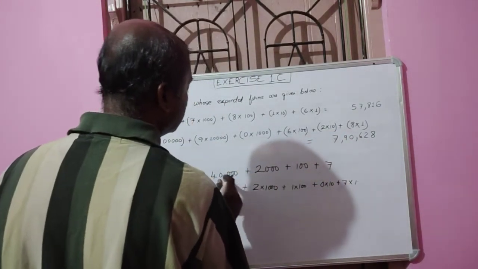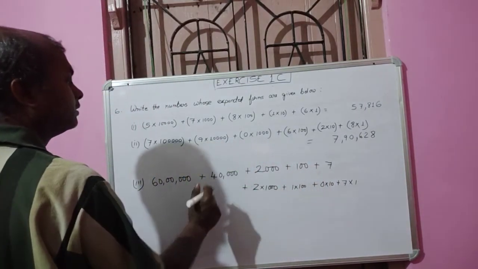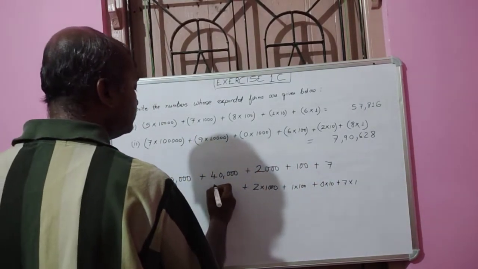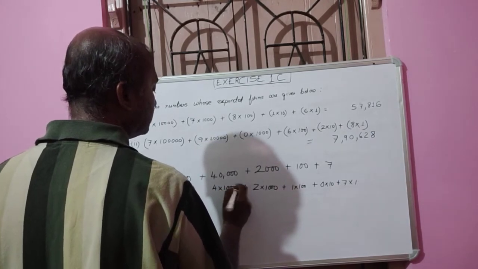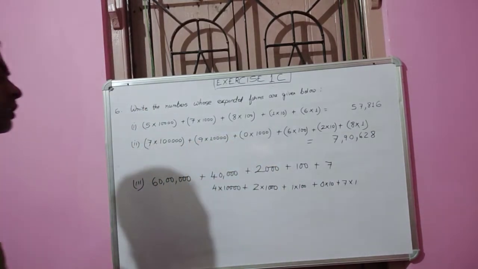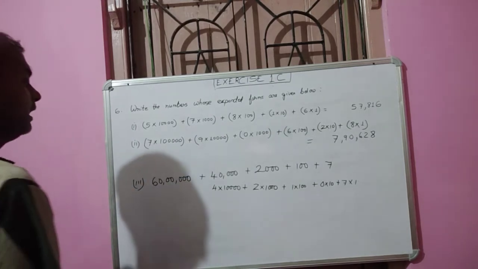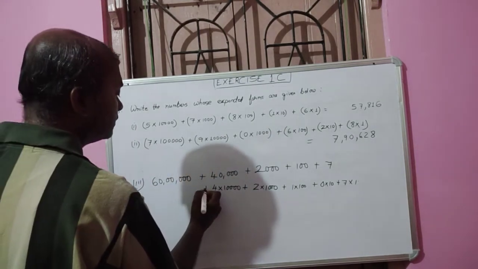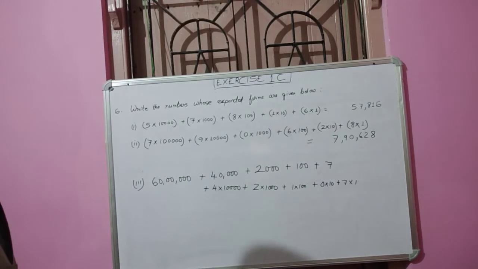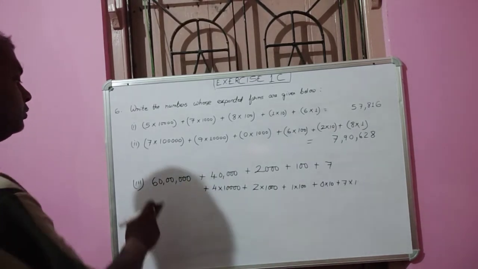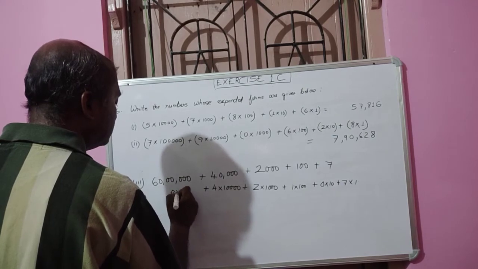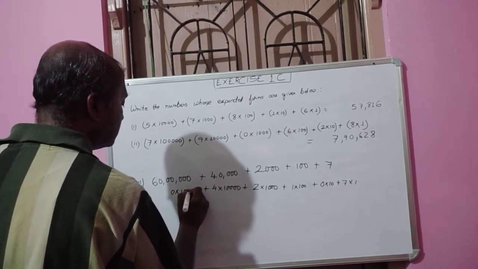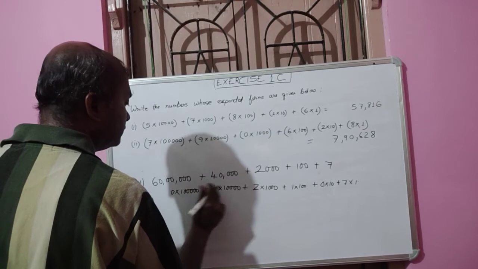Plus, then comes 40,000. 40,000 can be written as 4 into 10,000. That means 4 is there in 10,000 house. After that lakh comes, but you don't have any number in lakh. So you write it 0 into 1 lakh.